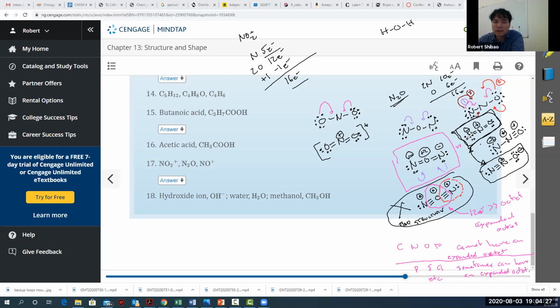Which one do you think is better? Which one wants an electron more, oxygen or nitrogen? Or which one's more electronegative, oxygen or nitrogen?